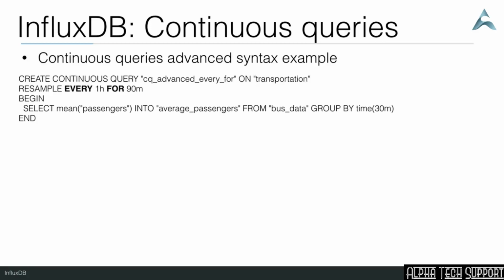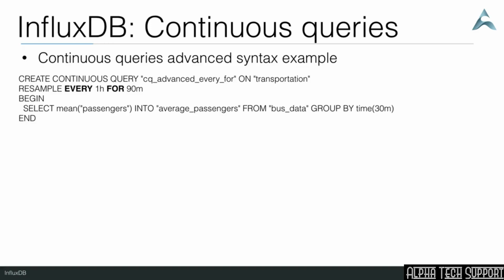You can also use an every interval and for interval in the resample clause to specify the continuous query's execution interval and the length of the continuous query's time range. CQ_advanced_every_for calculates the 30-minute averages of passengers from the bus_data measurement and stores the result in the average_passenger measurement in the transportation database.